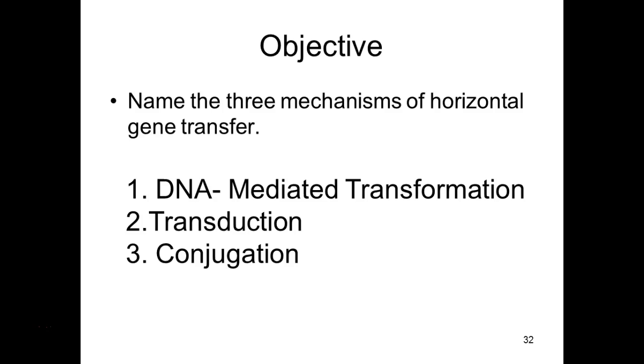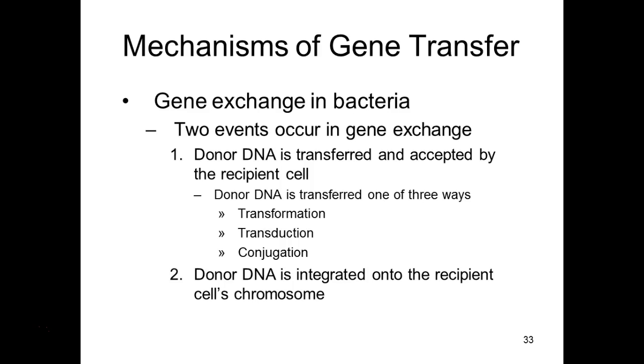So let's go into the particulars of each one of these. In order for this gene exchange to happen, you must have a donor, somebody where the DNA is going to come from. That donor DNA has to be accepted by the recipient cell.